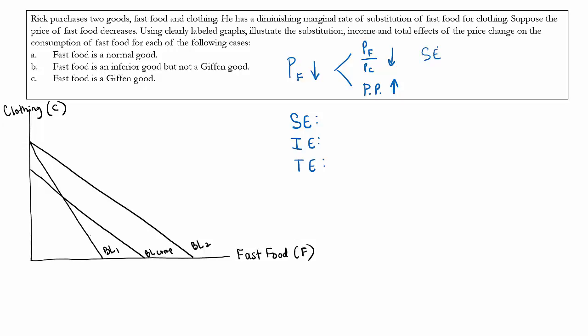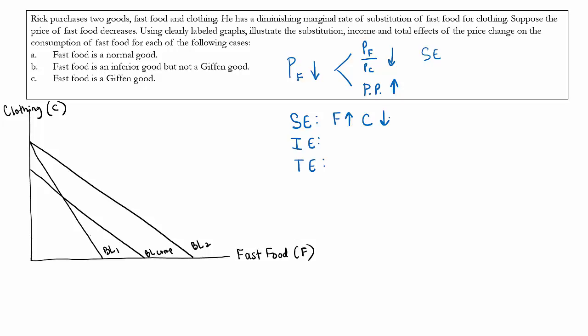The substitution effect always will have the consumer, here Rick, substituting towards the good whose relative price falls and away from the good whose relative price increases. So in this case, because the price of fast food falls, its relative price, or its opportunity cost, is lower, which makes Rick want to buy more, substituting towards fast food and away from clothing.